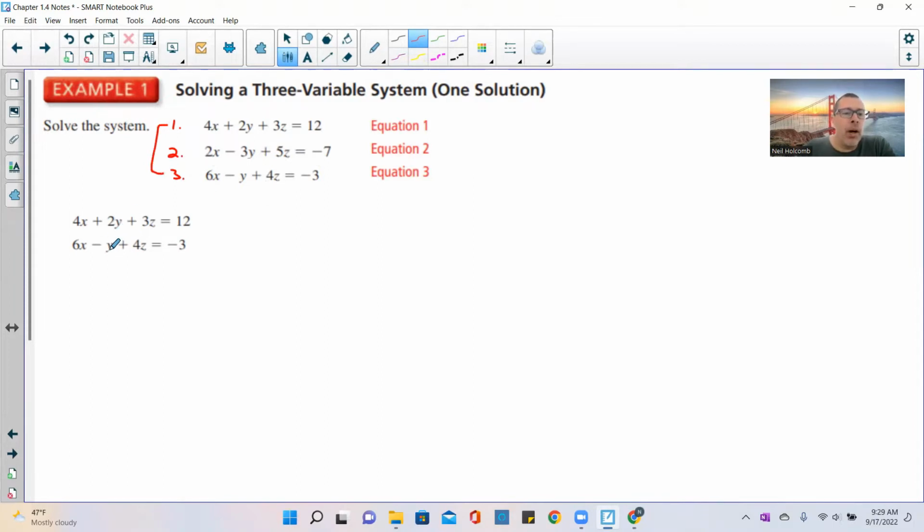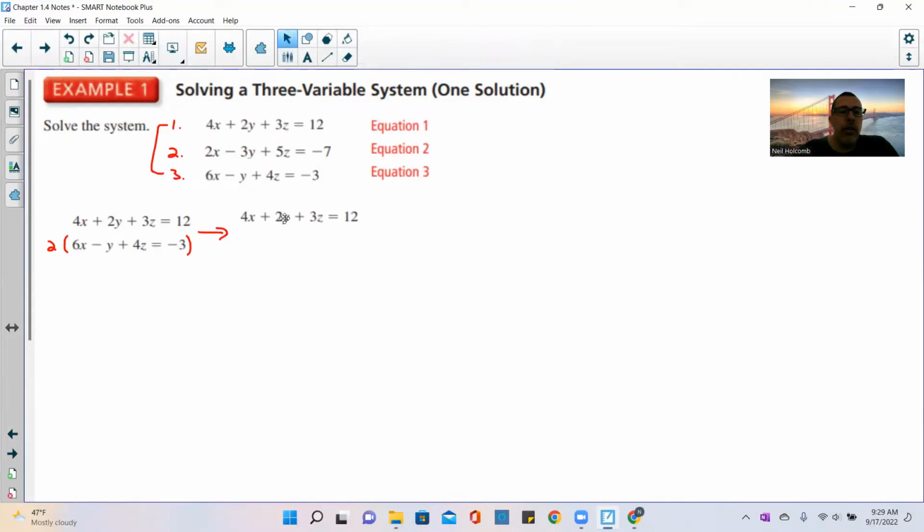And I look at the y's. And in order to get a 2, I need to multiply this one that's here by 2. So I'm going to multiply this equation by 2. And that is going to yield a new equation. I'm not going to change the 4x plus 2y plus 3z, so I'm just going to bring that over.